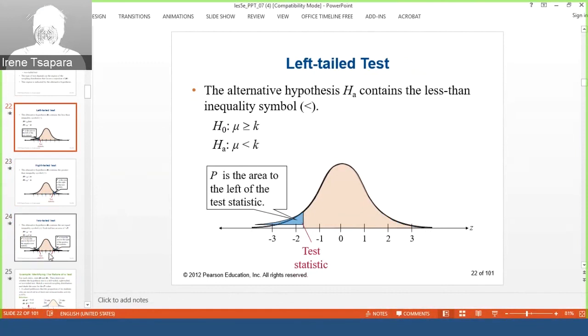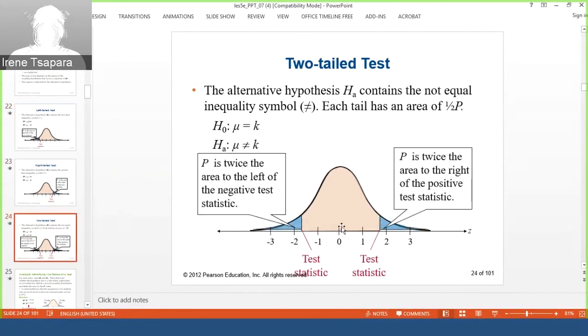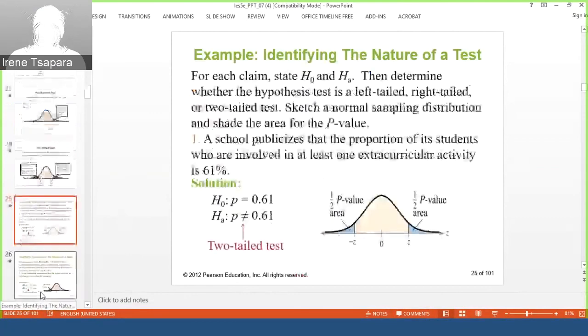In the same way, when we have a two-tail test, again, we calculate the p the same way, but now our alphas are split into halves. So the p that we get from our x needs to be twice the area from left to right, because we have half of the rejection area to the left and half of the rejection area to the right.